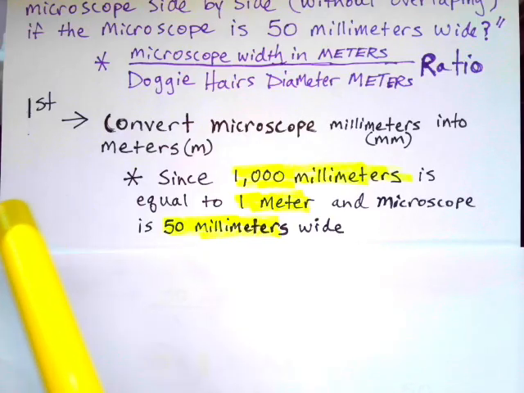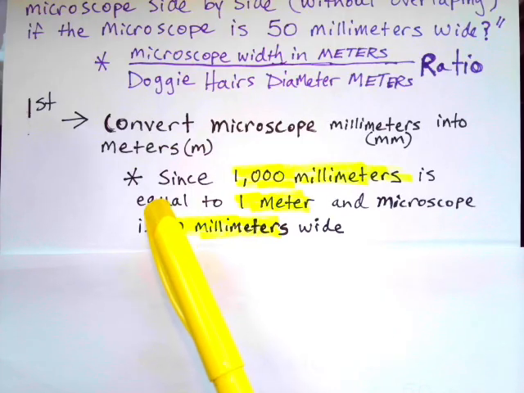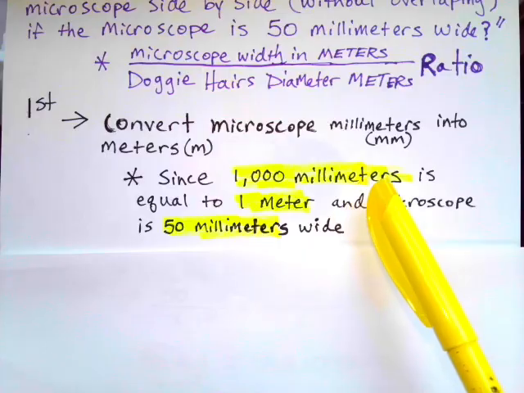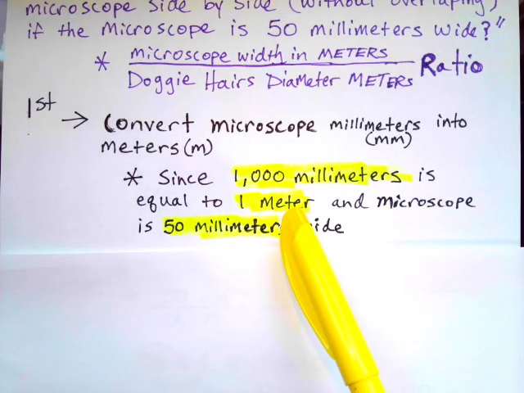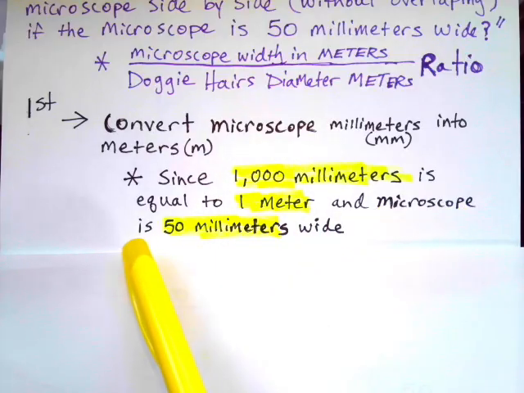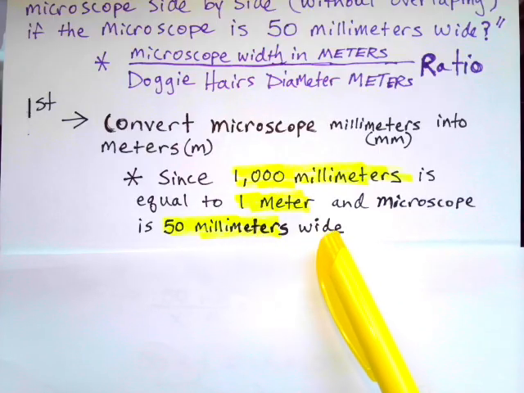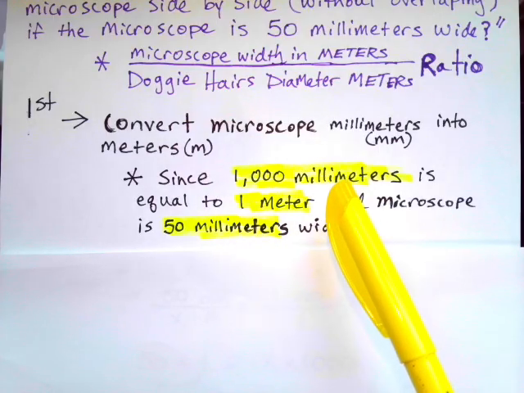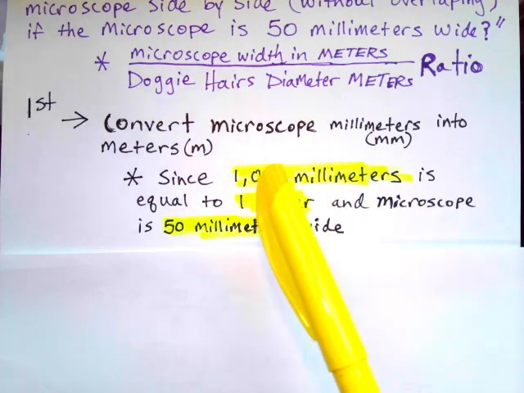You're not required to memorize all the conversions, and it should show you that 1,000 millimeters is equal to 1 meter, and the microscope is 50 millimeters wide. That's called a unit rate.